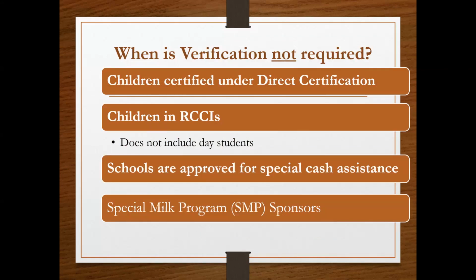It's not required for children in RCCIs or residential child care institutions, except for applications that are approved for day students at the institution. It's not required for schools where FNS has approved special cash assistance claims based on economic statistics regarding per capita income, such as in Puerto Rico or Virgin Islands, and then also it's not required for special milk program sponsors.